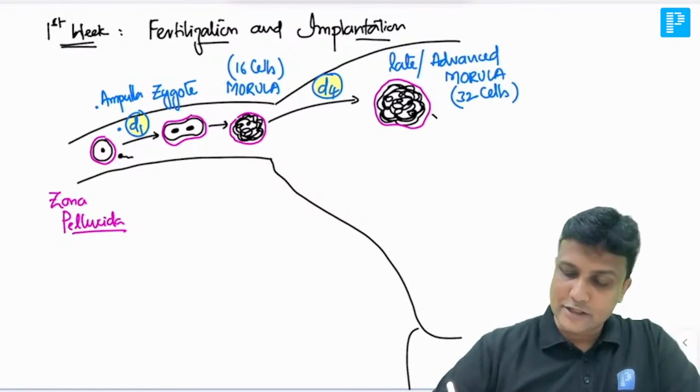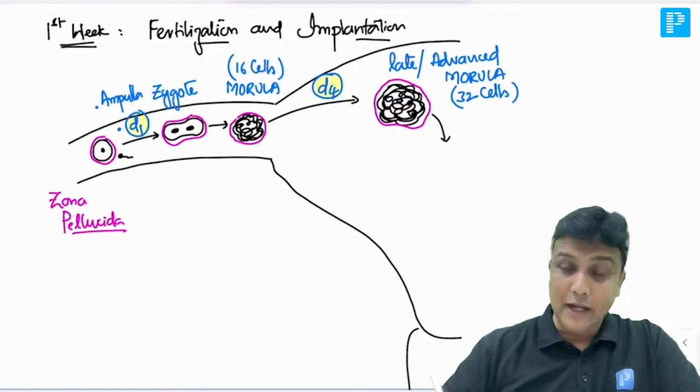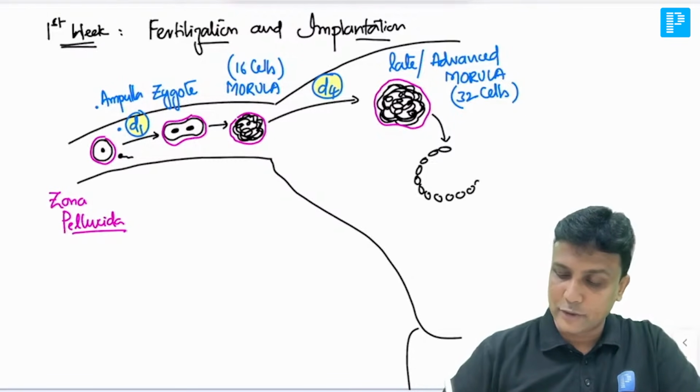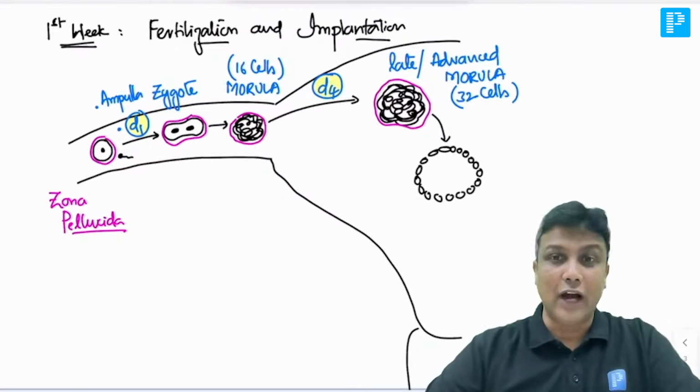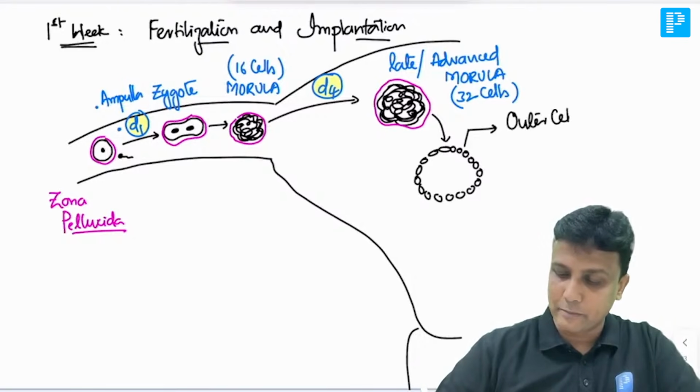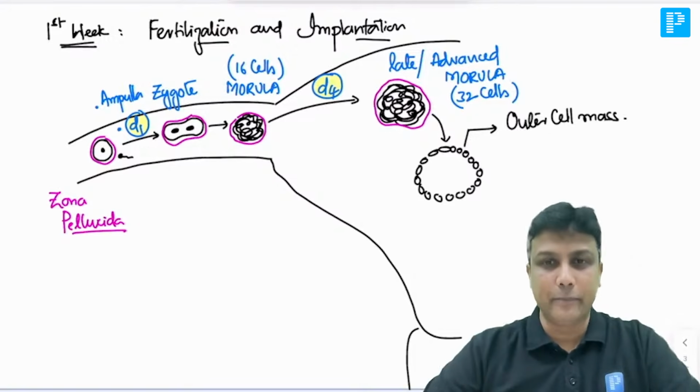Remember, these 32 cells are going to rearrange themselves. How are they going to rearrange? They will be forming a layer of cells on the outer side. And this layer of cells on the outer side is referred to as the outer cell mass.